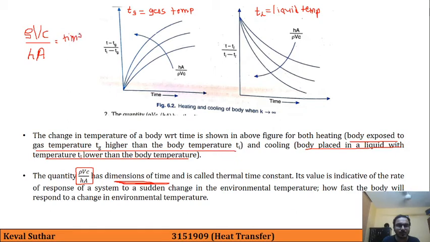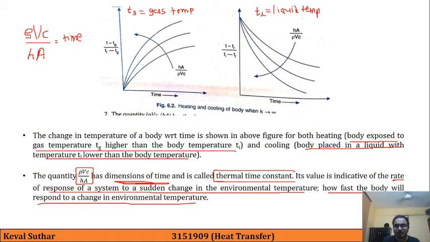So this is some form of time, and it is called the thermal time constant. Its value is indicative of the rate of response of a system to a sudden change in the environmental temperature. To repeat, the thermal time constant is indicative of the rate of response of a system to a sudden change in the environmental temperature. How fast the body will respond to the change in the environmental temperature is determined with the help of the thermal time constant.